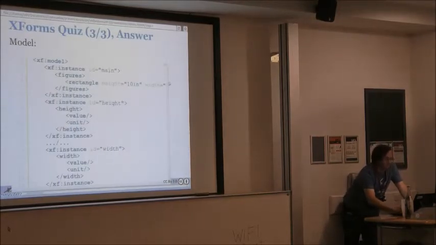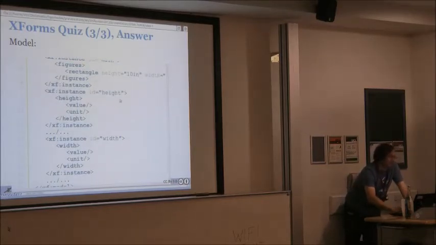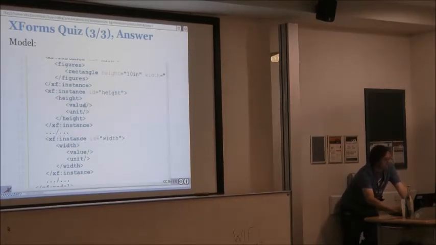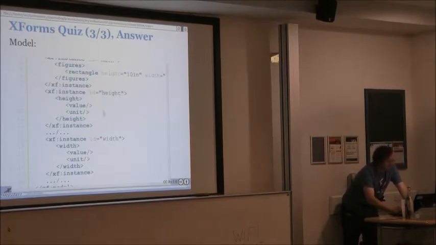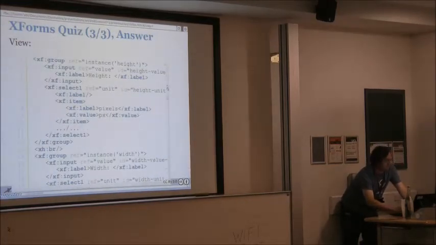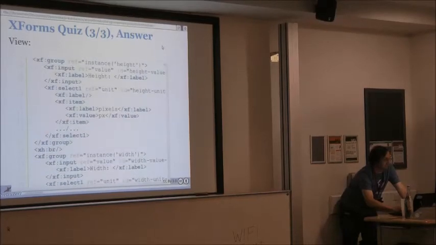And to do so, for instance, just to show you how bad it is, I will need to add now two instances in the model. One to store the split value of the height, and one to store the split value of the width. I will have to define twice the same group of controls.